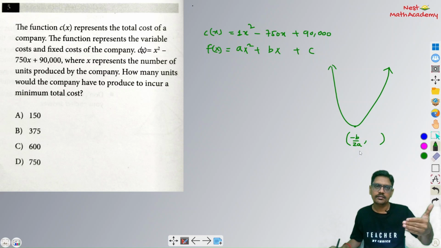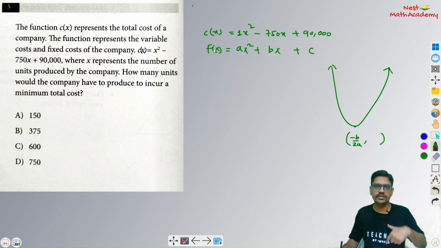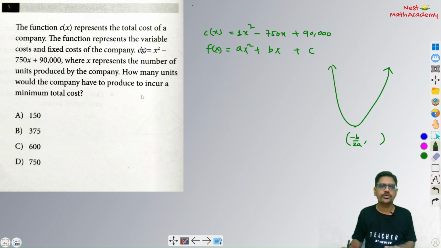If you want the minimum cost, we substitute this value in the function. But they are asking how many units would the company have to produce to incur a minimum cost, meaning they are asking for the x coordinate of the vertex. Making sense? If they had asked for the minimum total cost, then we would substitute the value of x we obtain in the function to get the corresponding minimum cost.